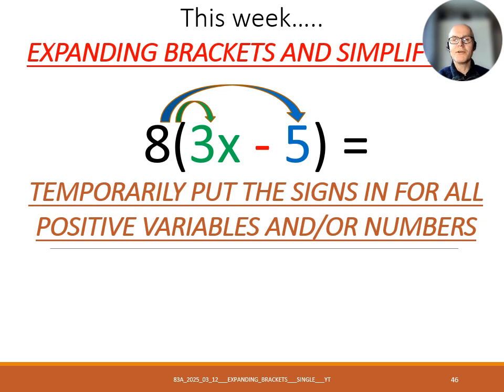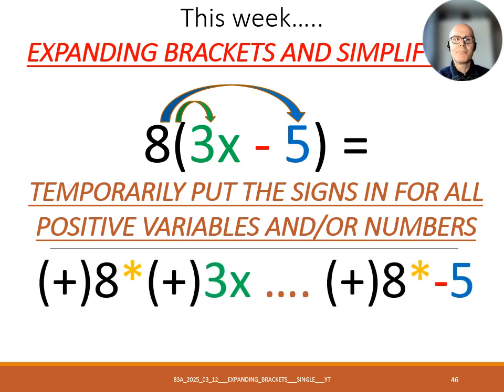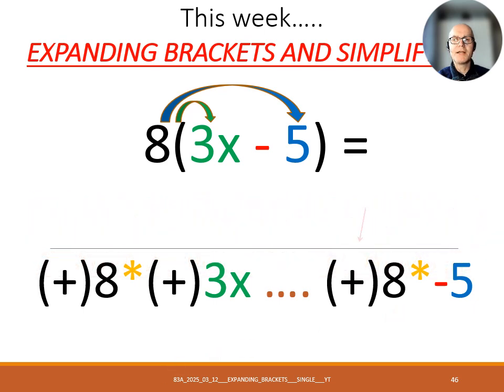How's that going to look if we put our positive signs in for the positive variables and positive numbers? Positive 8 times positive 3x and positive 8 times negative 5. Here's where the sign comes from on the negative 5. Positive 8 times positive 3x and positive 8 times the negative 5.